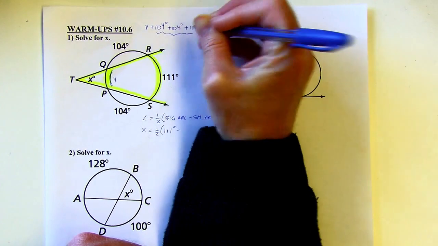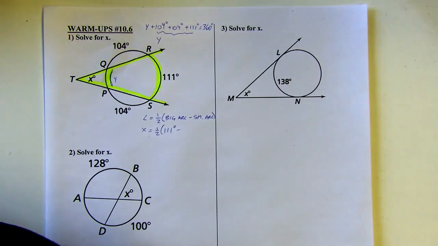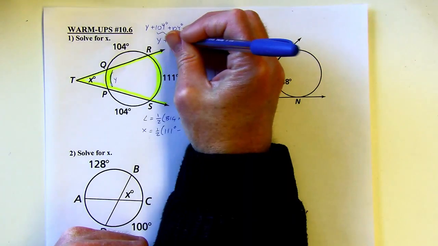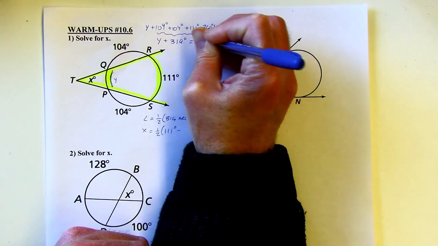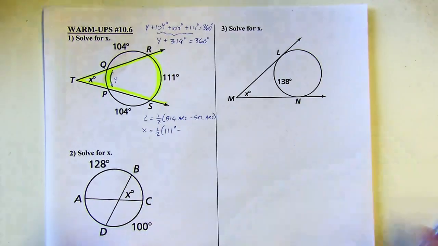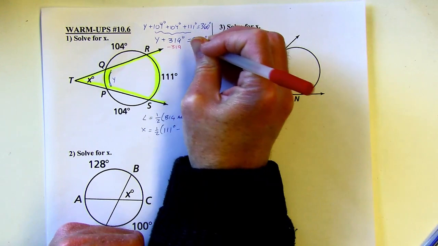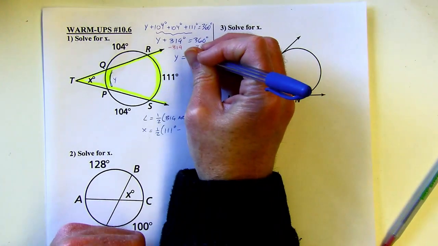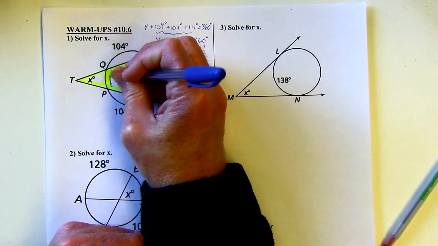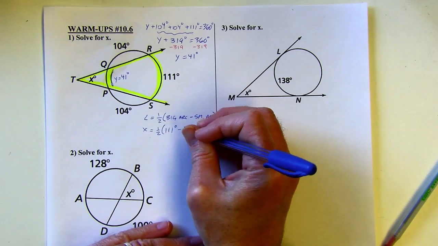Okay, I'll combine these on the left side, so that's going to give me 319, I believe. And I just have to subtract 319. And I'm going to get 41 degrees there. So that's my small arc, right? My small arc is going to be 41 degrees, okay?